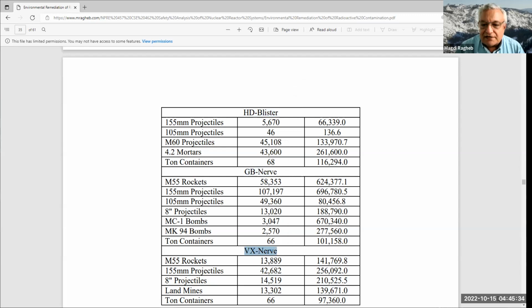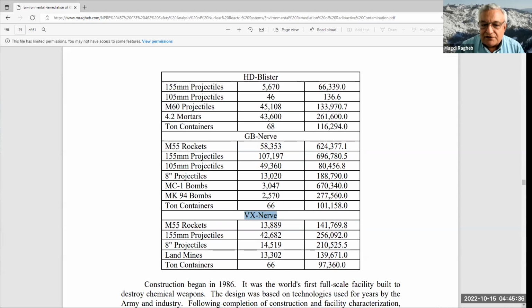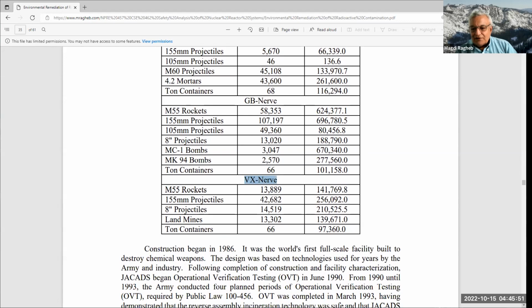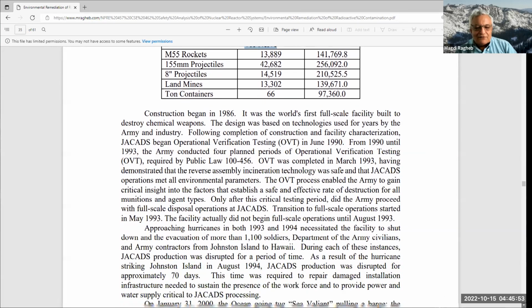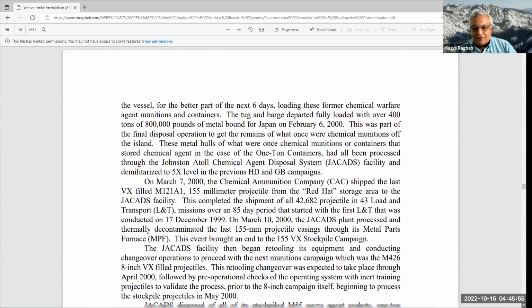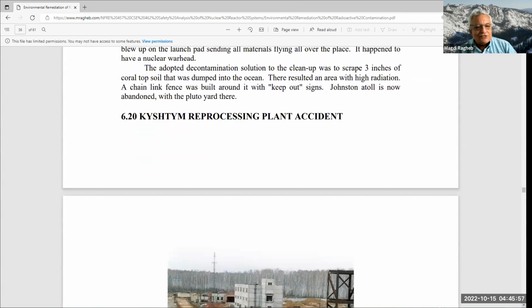They have been decontaminated, and something of interest: those steel shells have been melted and exported to other parts of the world. So the steel may have been turned into steel used in some cars. We may drive cars that are made out of those decontaminated shells.